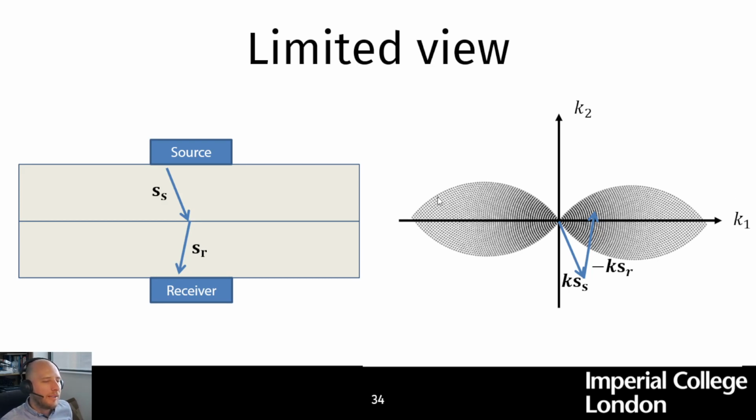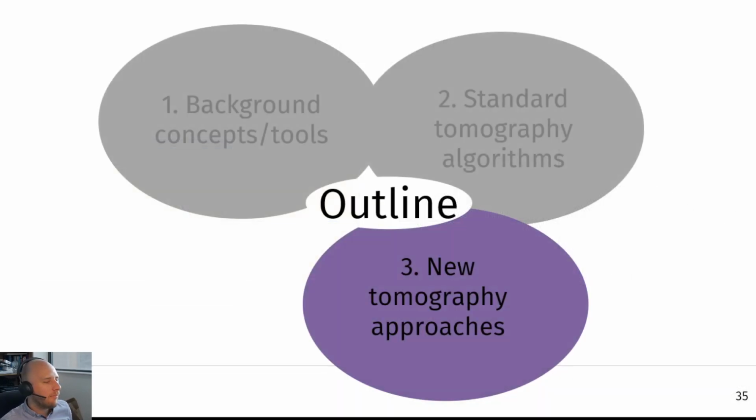Essentially you can populate these areas, and you'll notice we have large areas here, particularly close to the center, close to the low spatial frequency components, where we're missing data, and that's potentially problematic.